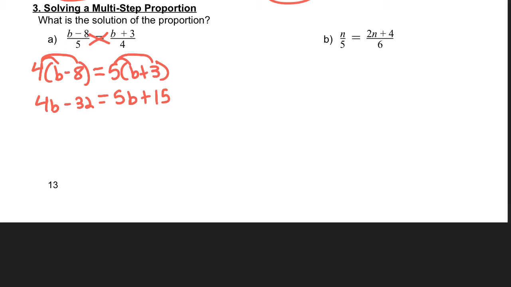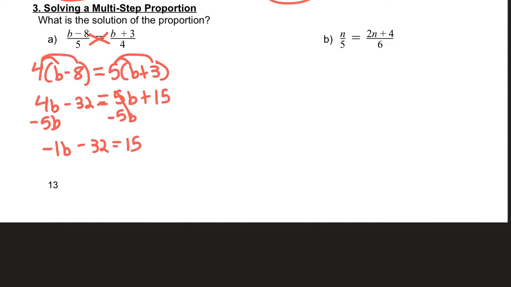So now you decide how you want to solve this equation. You could subtract 4b from both sides. You could subtract 5b from both sides. It really doesn't matter what you choose. I'm going to just try this. Subtract 5b from both sides. Let's do that. 5b's cancel. 4b minus 5b, you can think of it as negative 1b or negative b. Minus 32 equals 15.